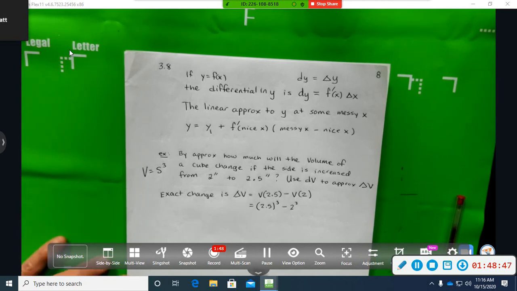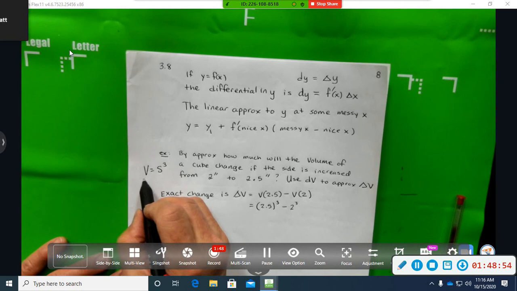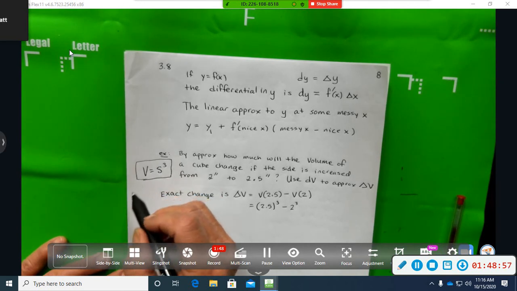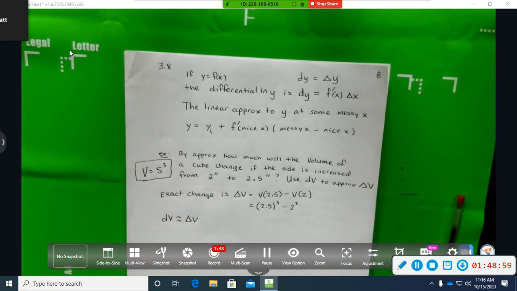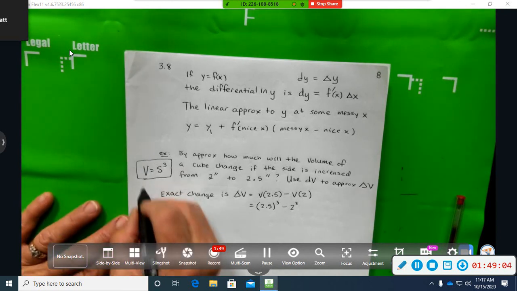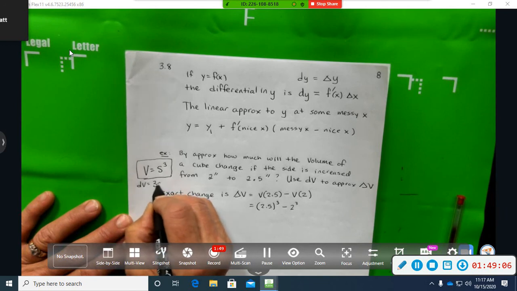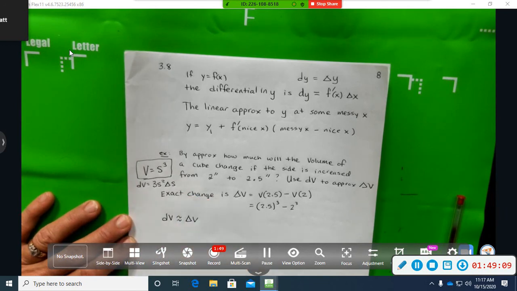Find dV to do that. So dV is approximately delta V. dV is the derivative of this with respect to S times the change in S. So here, dV is 3S squared times the change in S. So with our numbers, we'd have 3 times the side, pick the nice number here, and then the change in the side, well, it grew by a half an inch.